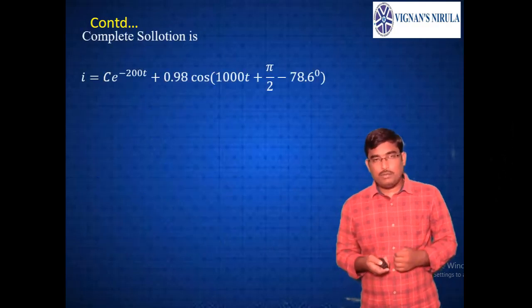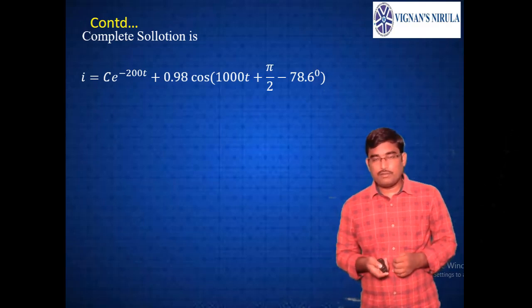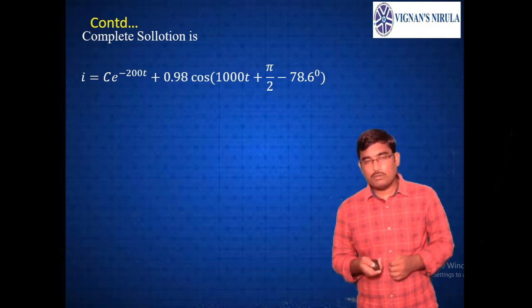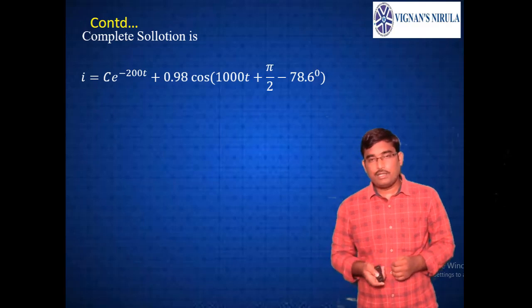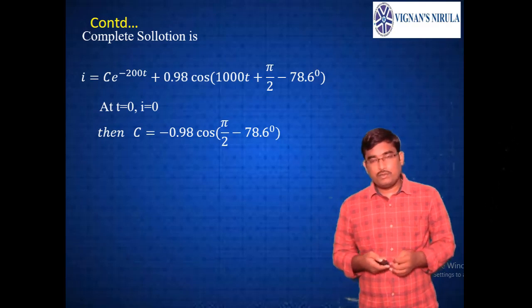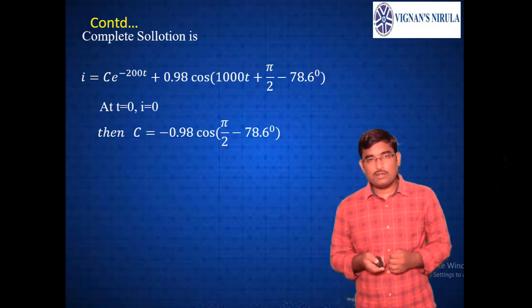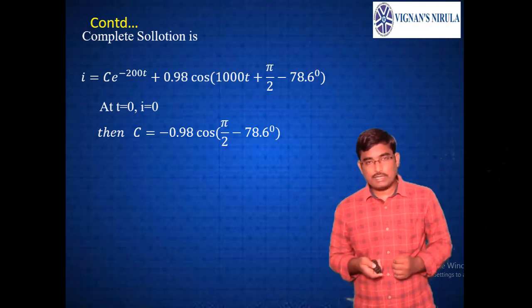So now the complete solution is I equals C into e power minus 200t, the complementary function, plus the particular integral, 0.98 into cos of 1000t plus pi by 2 minus 78.6 degrees. In order to get the arbitrary constant, we need to take the initial condition, that is the switch closing instant: I at t equals 0 should be 0 because of inductor action.